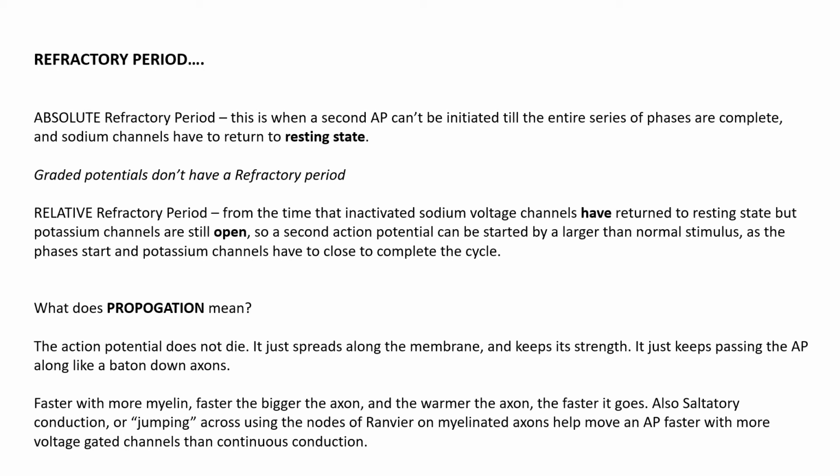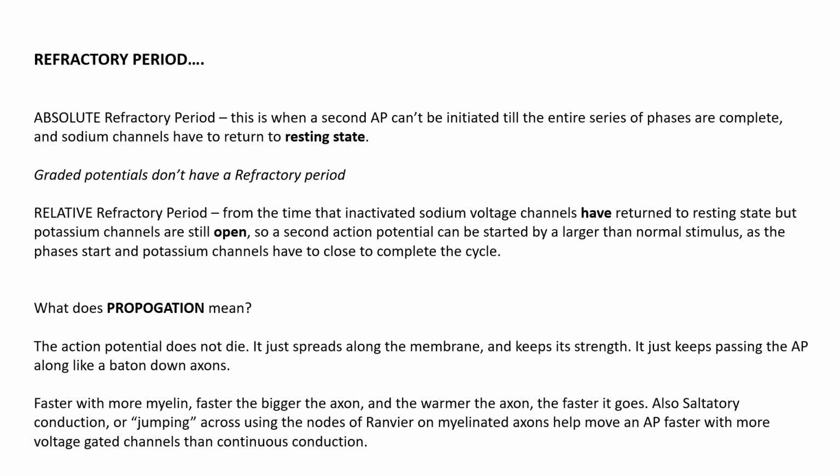And people who know what the myelin sheaths are: basically action potentials can pass down the axon faster when it's myelinated. The bigger the axon, such as in your sciatic nerve, where you have huge axons, the faster the action potential goes.